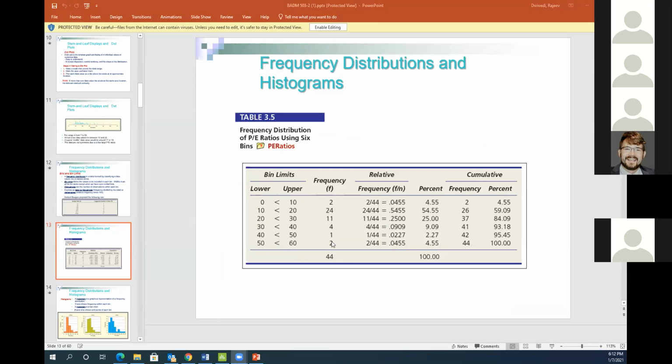And there are relative frequencies, relative percent of those frequencies, and cumulative percents right here. So this is the way to describe the histogram: in what bin, how many numbers are there.